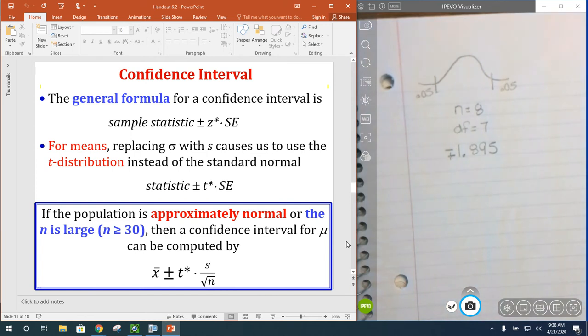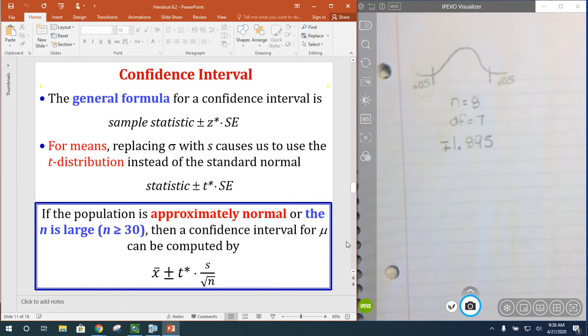For means, we will replace the sigma value with s, which will cause us to use a t-distribution instead. So it'll be the statistic plus or minus t star times the standard error. Because we're taking out the sigma and putting in the standard deviation, we're making this change.